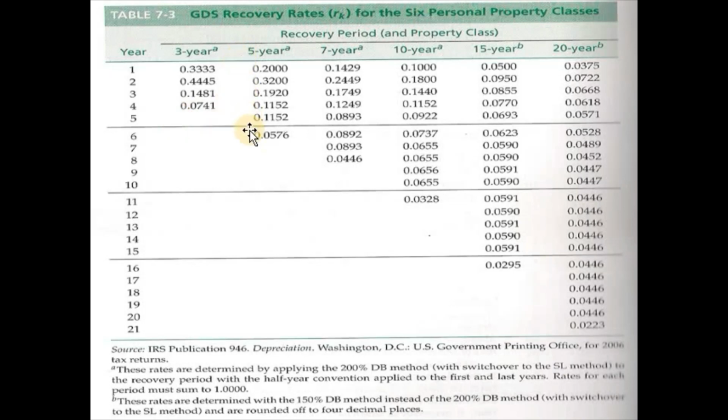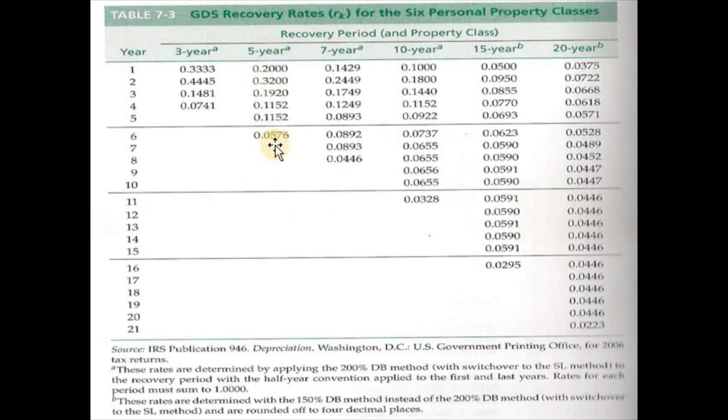Now, for 5 years, we said that you'll have 6 rates. Also here, the summation will be 1. Now, here, when I tell you that I have an asset that has a recovery period of 5 years, and I want to calculate its depreciation at year 3, what do I do?